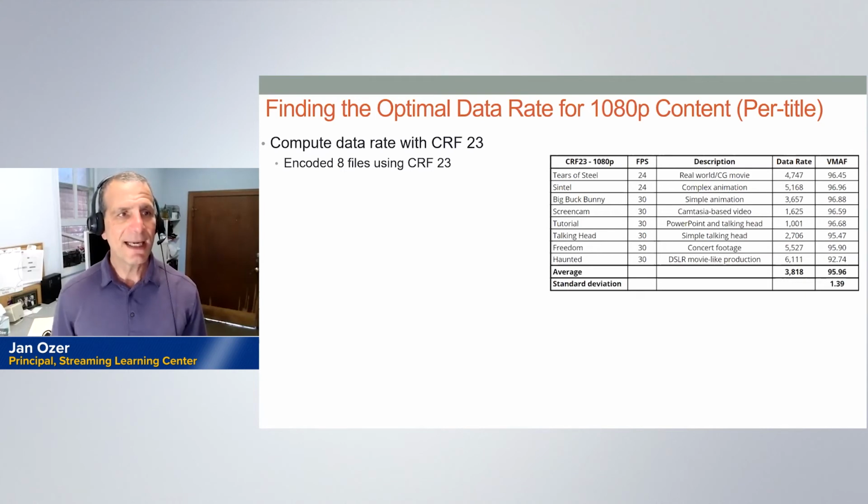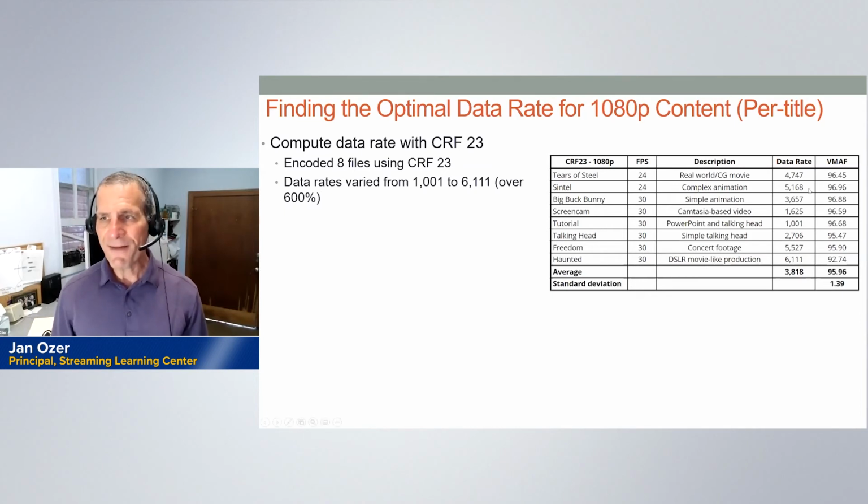I encoded the files using CRF 23, as we just saw in the previous slide. And what I found was that the data rate varied from 1 megabit per second to over 6 megabits per second. For the PowerPoint and talking head tutorial, which would look very much like what you're looking at now, I could get a data rate of 1 megabit per second and a VMAF score of 96.68.